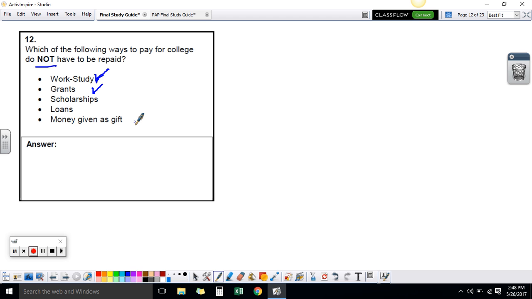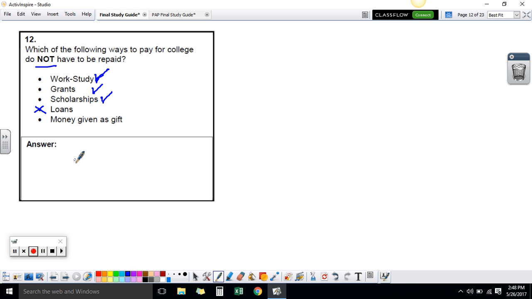Scholarships, that is where you have a talent or a skill that a school would like to bring to their campus, and so they offer you money. Please come to our school and share your gift with us. That does not have to be repaid. A loan is when you go to the bank because you don't have enough money to pay for college, and so they give you a loan, which you do have to pay back. So you have to pay this guy back.